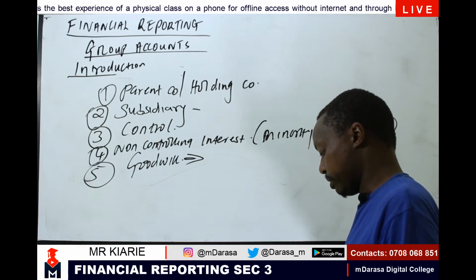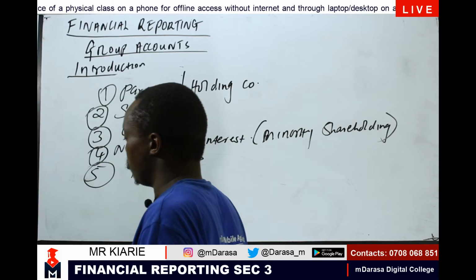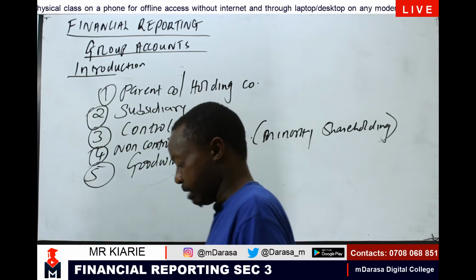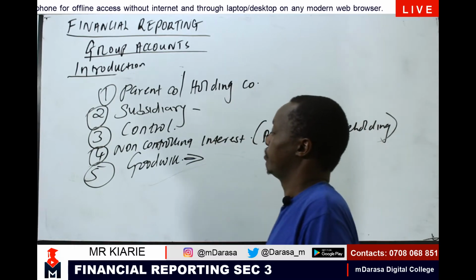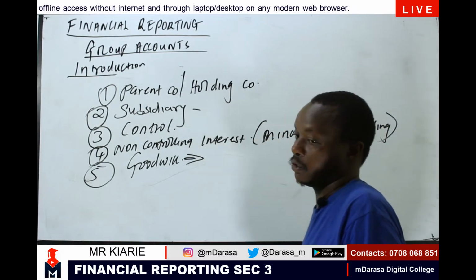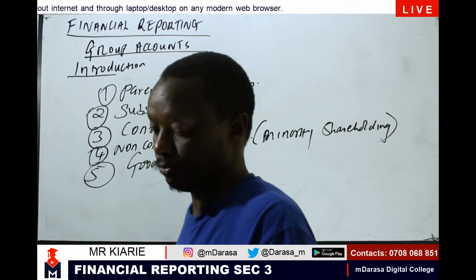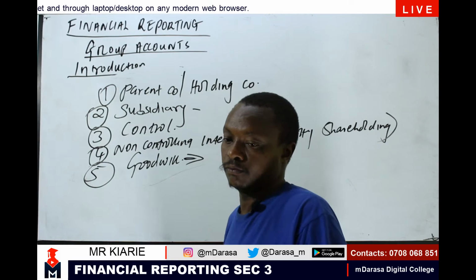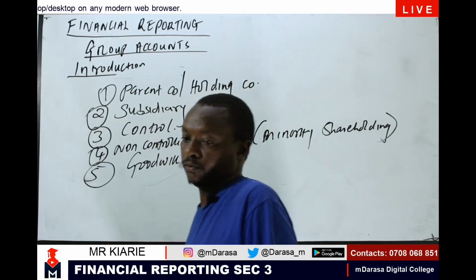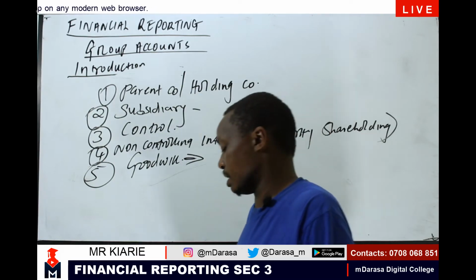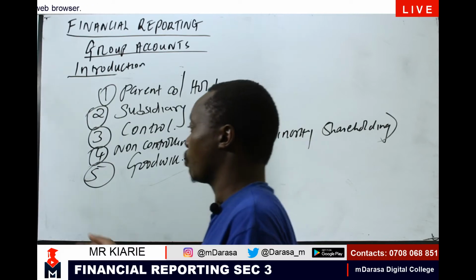Then you write below that a subheading, methods of accounting for goodwill.